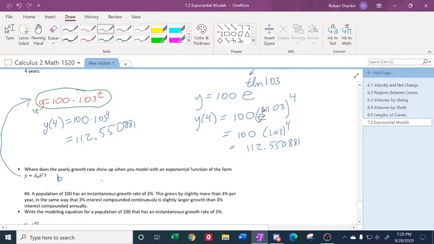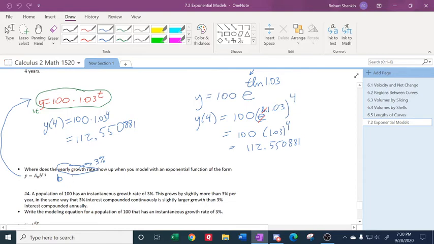but we would say the yearly growth rate in this one is not 103%, but a 3% growth rate. 100% growth rate means you're doubling every year. 3% growth rate is each year you're increasing by 3%.